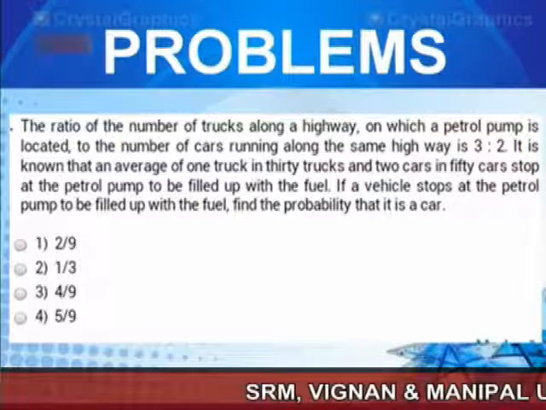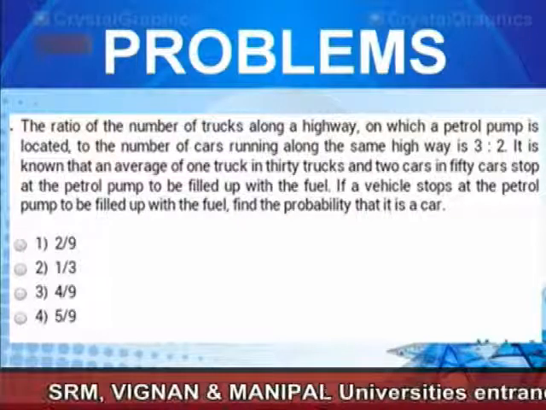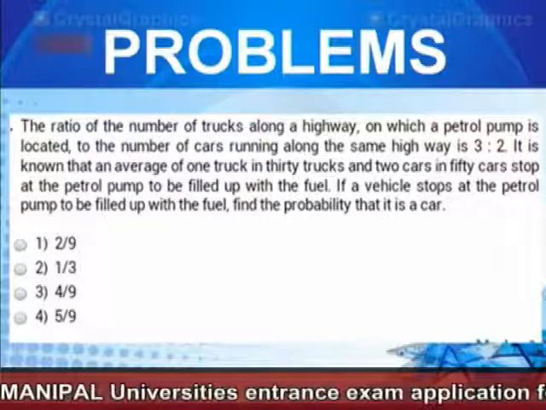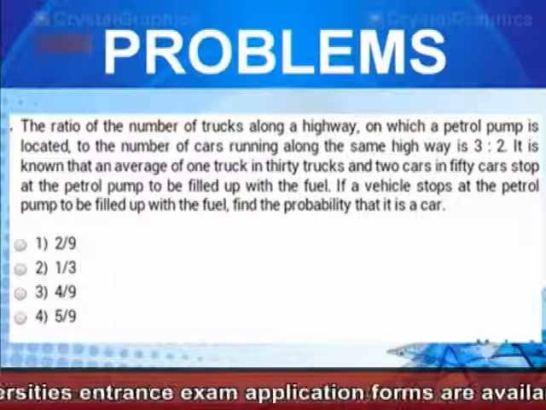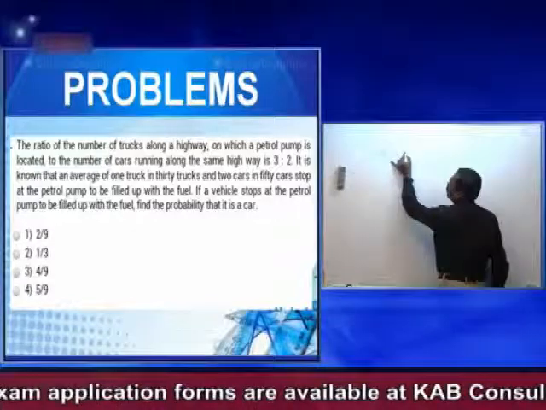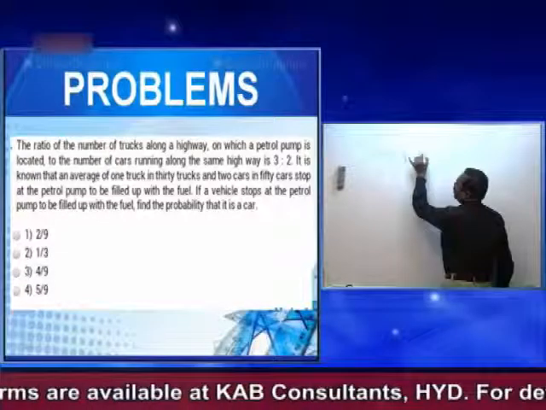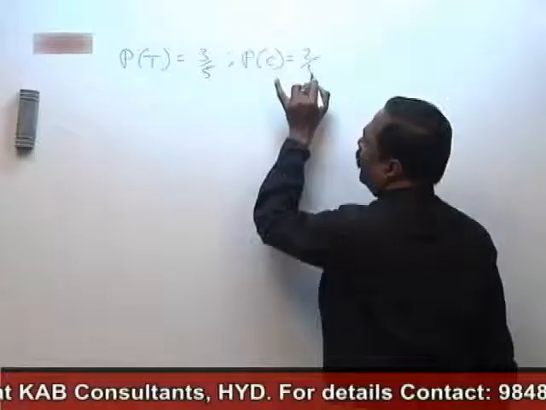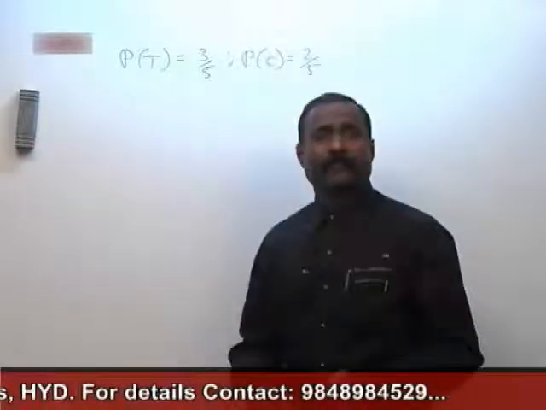So if 3 trucks are there, 2 cars will be there. So the probability of getting a truck is 3 by 5 and the probability of getting a car is 2 by 5. That must be given.